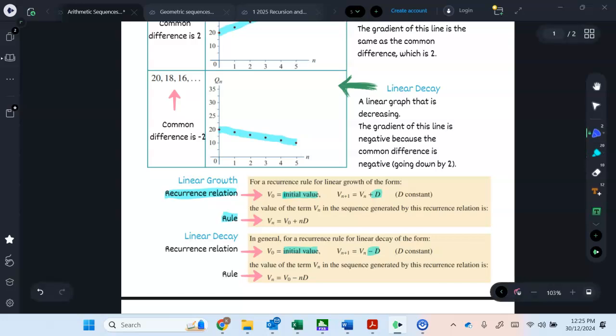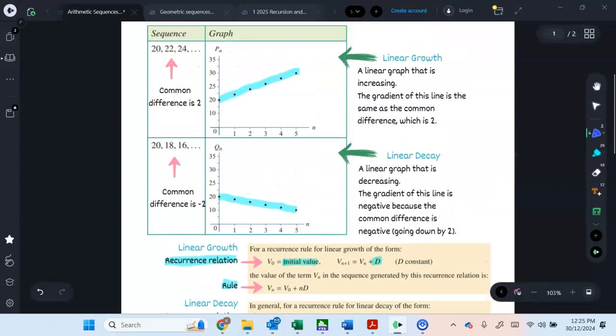If we have a look at the two examples above, here I would have my initial value, V0, is 20. And then my recurrence relation, we have the Vn plus 1, which will be present for every recurrence relation, equals Vn, and then our common difference.